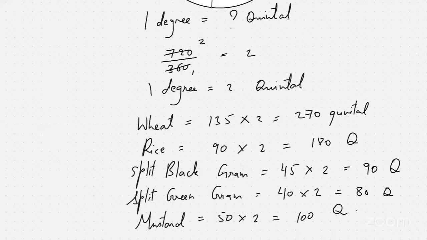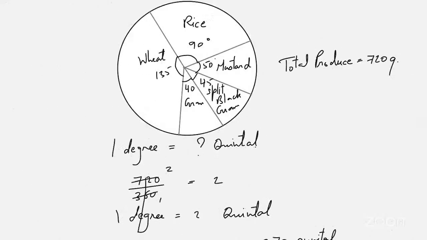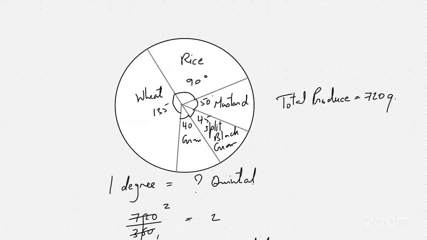Okay, this is how you find it in quintals. What we did: we had it in degrees. Then we found how many quintals there are in 1 degree. We divide the total produce by 360, and we got 2 quintal.